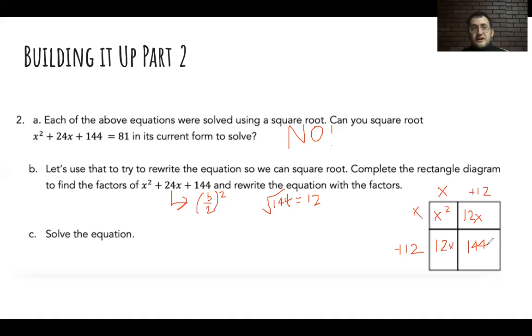And we're going to go ahead and solve this equation. So on this x squared plus 24x plus 144, we're going to write this as x plus 12 squared, and then on the other side, we're going to set this equal to 81.